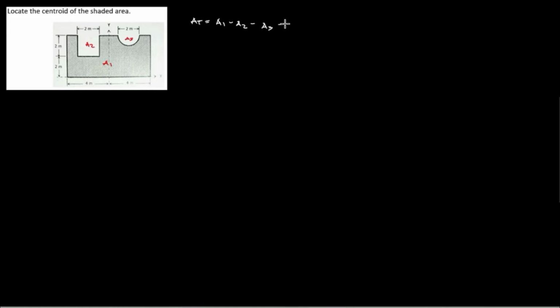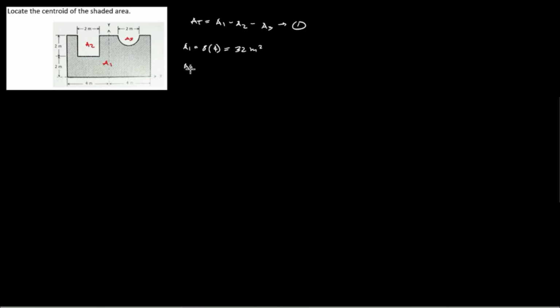That's equation 1. Find area 1, which is the big rectangle. The dimension is 8 meters by 4 meters, so 8 times 4 is 32 square meters.